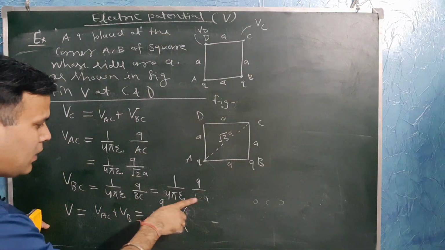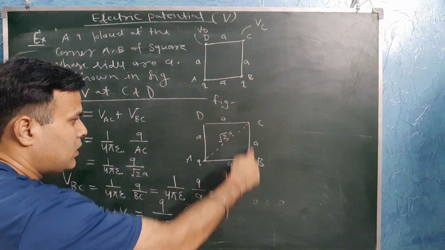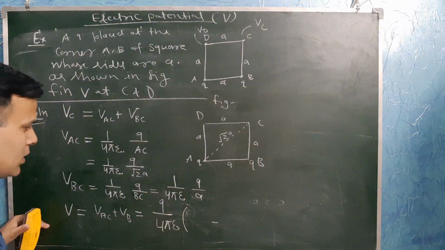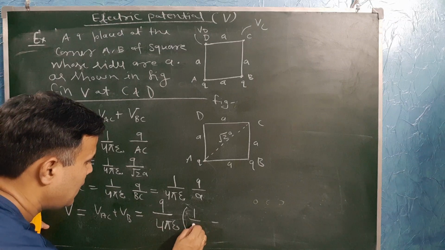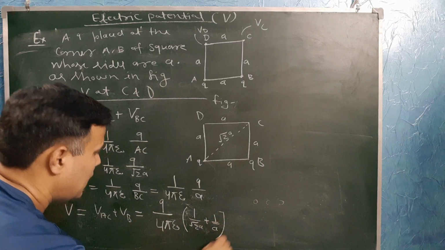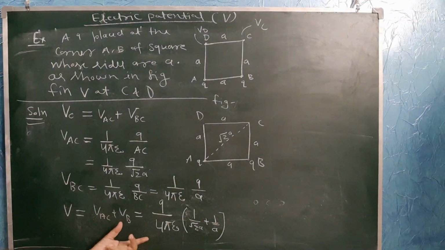BC is simply A, not 2a. The distance from C to B is A. So what we have is 1 by root 2a plus 1 by A. So this is the way to find out the potential.